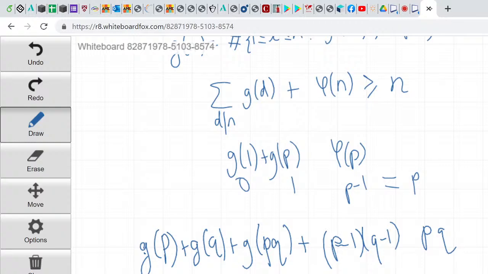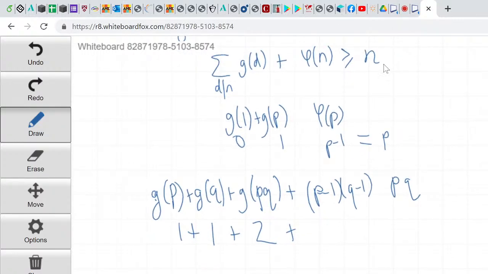So this is 1 plus 1 plus, so this has at least 2, p and q. Oh wait, oops. So this has a lot more than 2, possibly. All the multiples of p less than q, yeah?